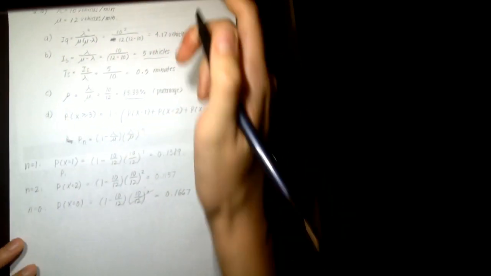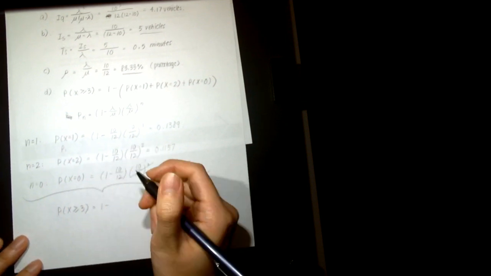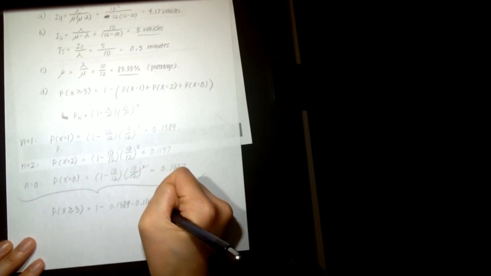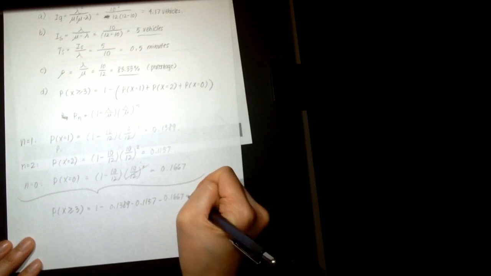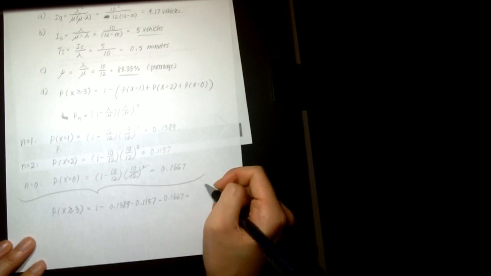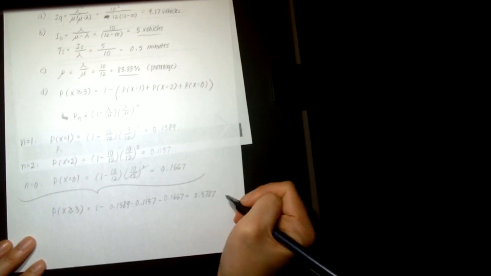So the probability that there are 3 or more cars ahead of you would be 1 minus 0.1389 minus 0.1157 minus 0.1667, and it would equal 0.5787.